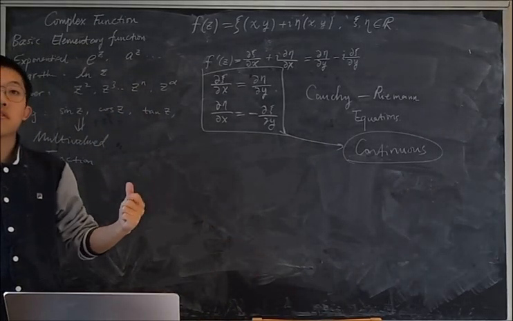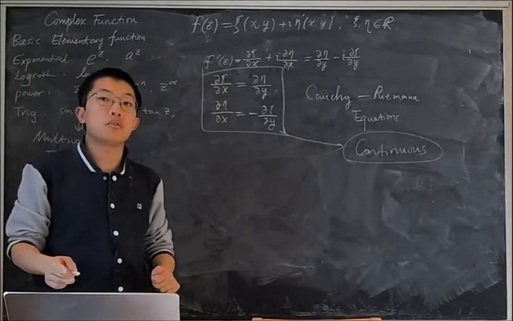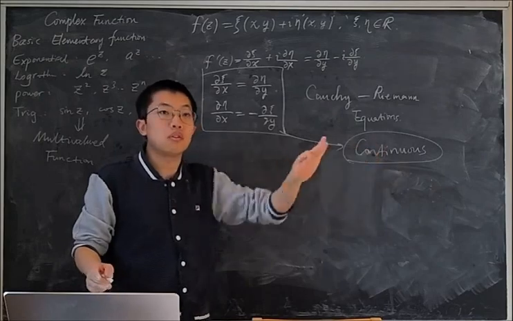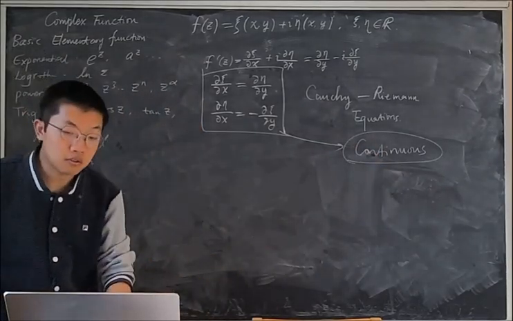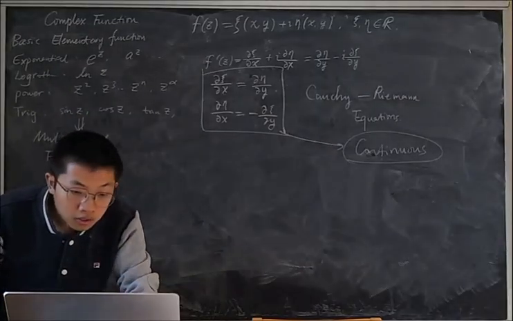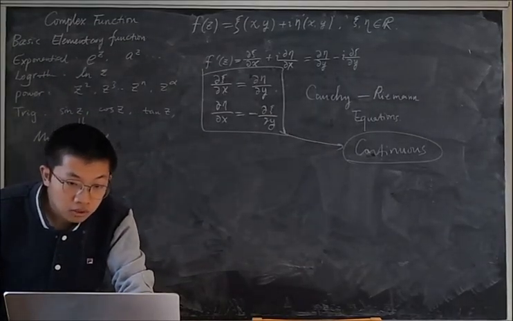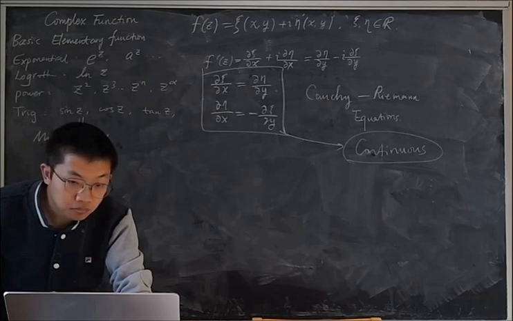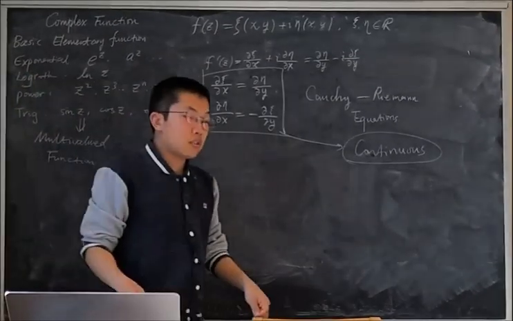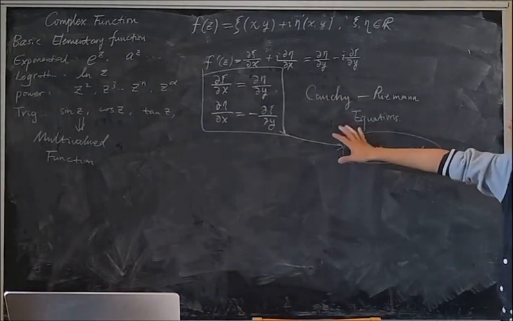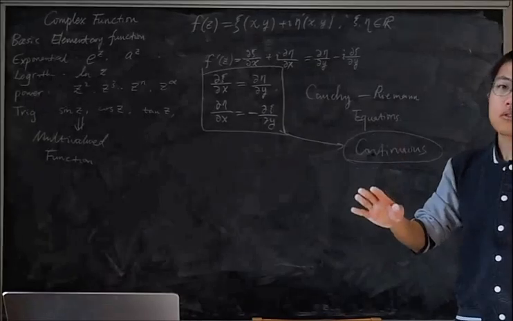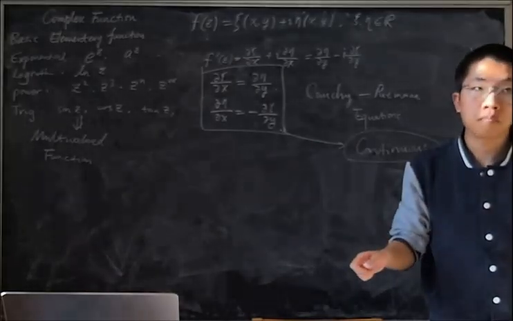For the purpose of this course, I'm not really going to dig into the details of this proof, because we don't really need that for the later discussions. We just need to remember them and use these conditions. Now, moving on. So these are the conditions for derivatives to exist, and only some complex functions have derivatives, right?